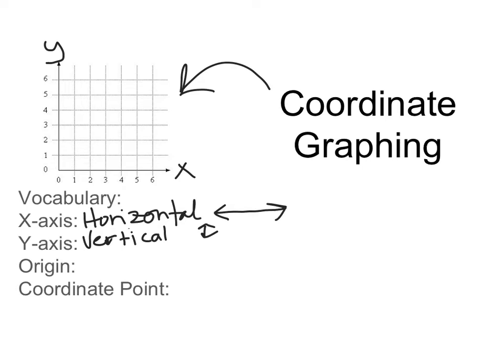It's really important we have all this vocabulary written down. Okay, next thing is the origin. The origin is the point 0, 0. That's the spot where the graph starts. It's the bottom leftmost corner. Right here is the origin.